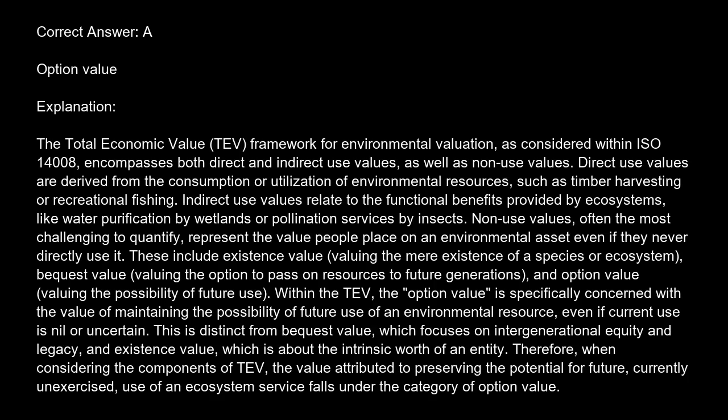This is distinct from bequest value, which focuses on intergenerational equity and legacy, and existence value, which is about the intrinsic worth of an entity. Therefore, the value attributed to preserving the potential for future, currently unexercised, use of an ecosystem service falls under the category of option value.